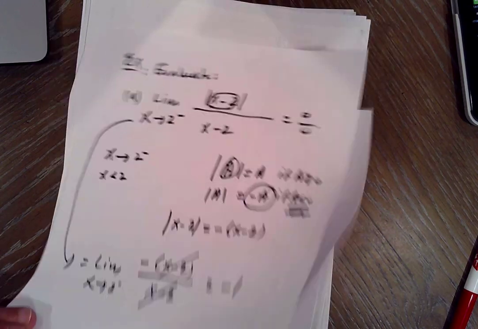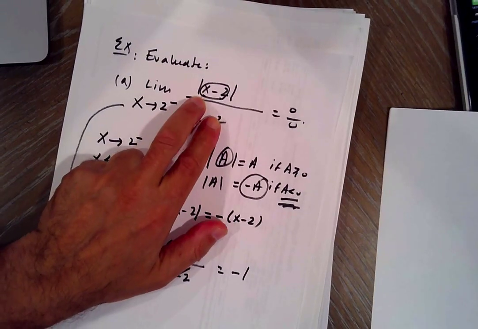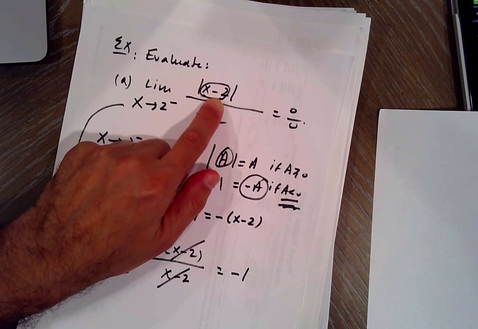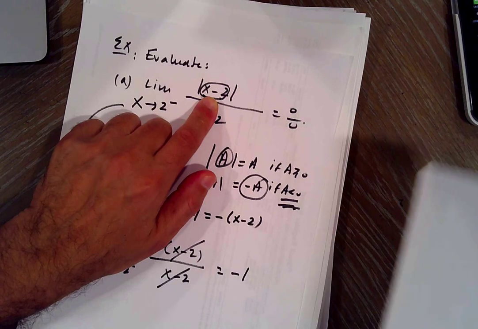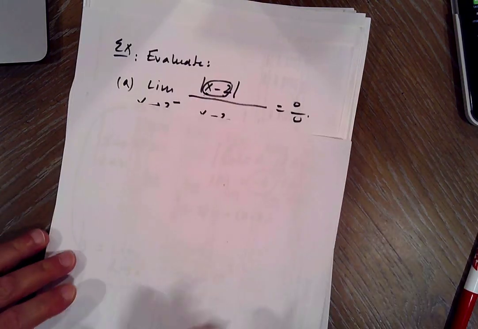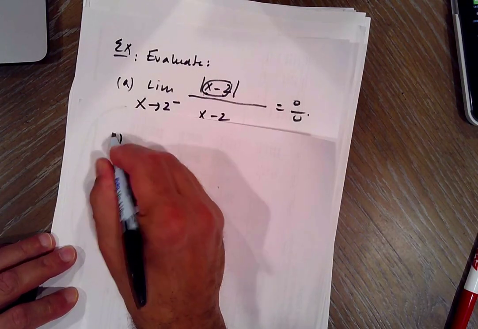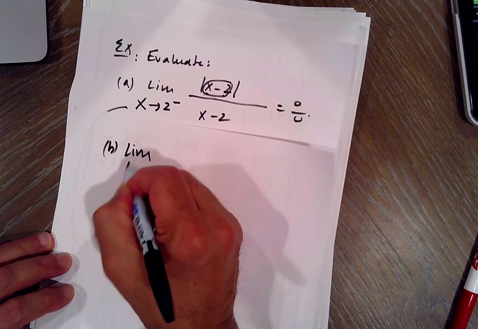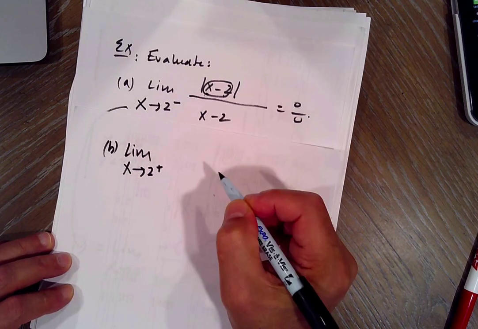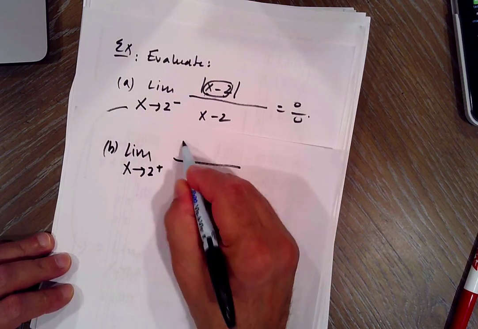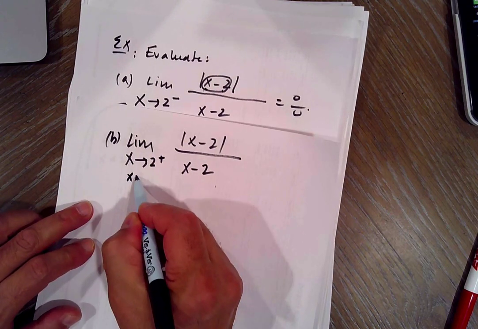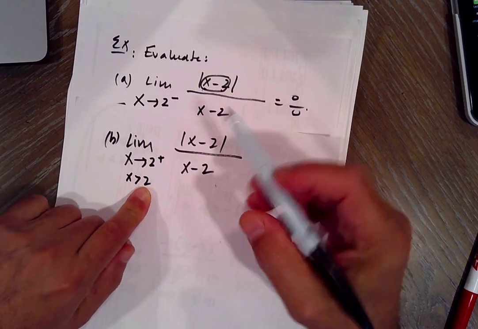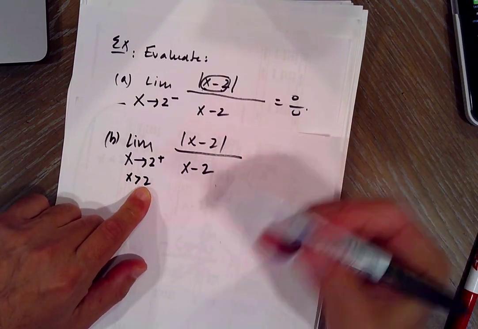Now, when you have absolute value, you're either going to get exactly the same or the opposite, depending on whether what's inside the absolute value is positive or negative. So for example, same thing, but instead of 2 minus, it's 2 plus. Absolute value of x minus 2 over x minus 2. 2 plus means x is greater than 2, like 2.1, 2.2, whatever, just greater than 2.